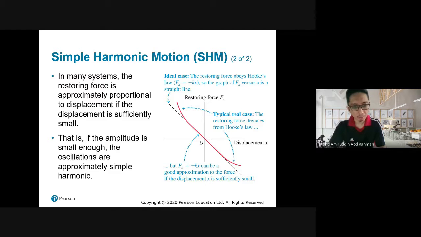But in some region, we can see that it is still obeying Hooke's law. Somewhere around here, if you look at the graph, it is still obeying Hooke's law, because the displacement is sufficiently small.